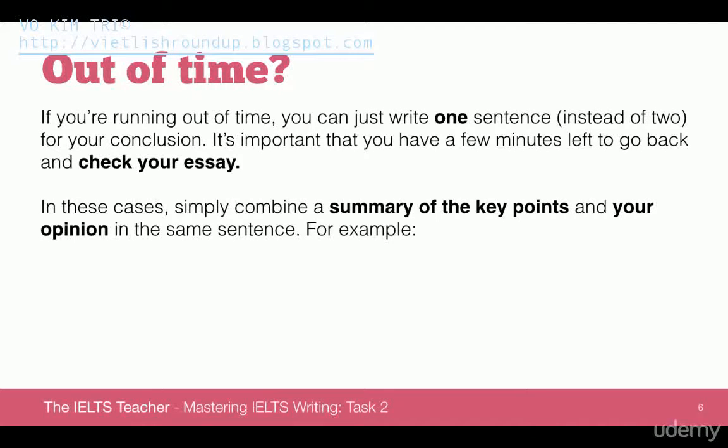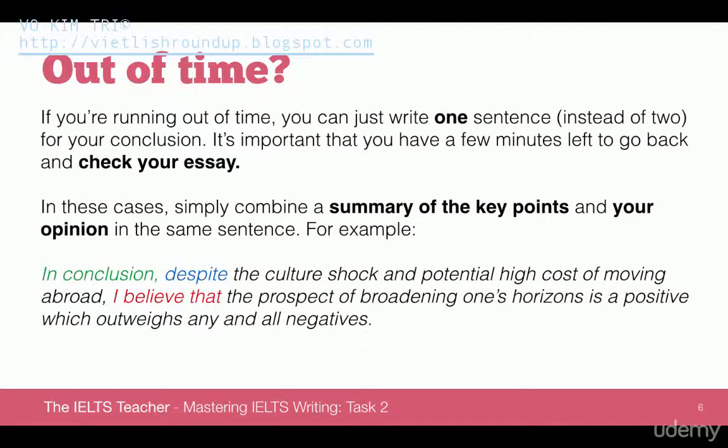What we need to do is simply combine the summary of the key points sentence with our opinion sentence to create 1 sentence. Here's an example. In conclusion, despite the culture shock and potential high cost of moving abroad, I believe that the prospect of broadening one's horizons is a positive which outweighs any and all negatives.